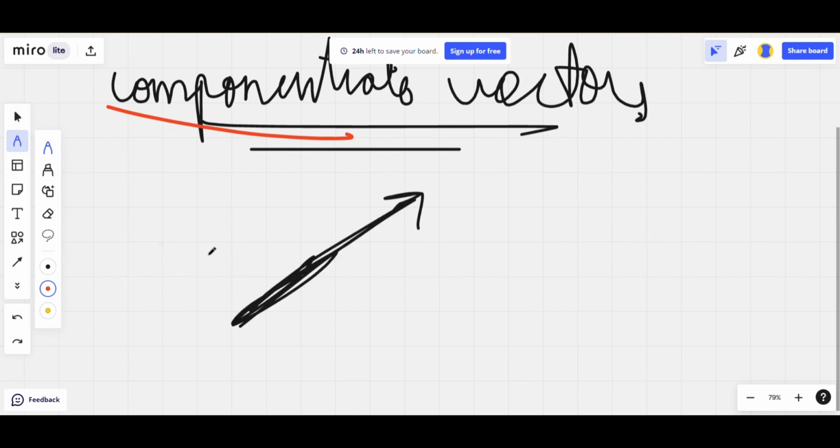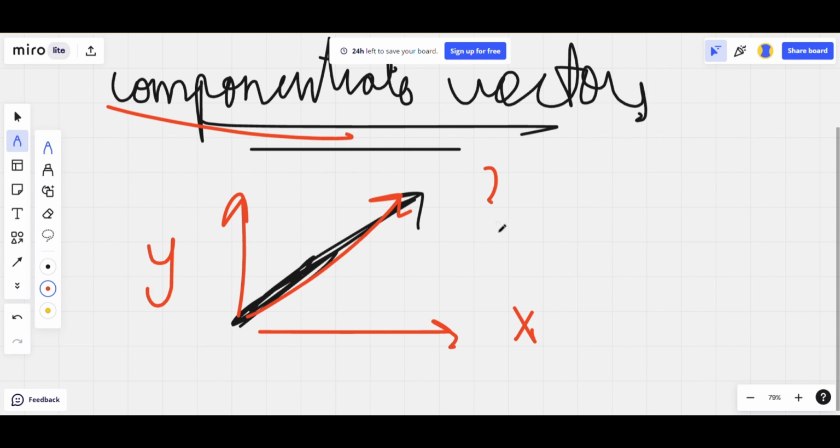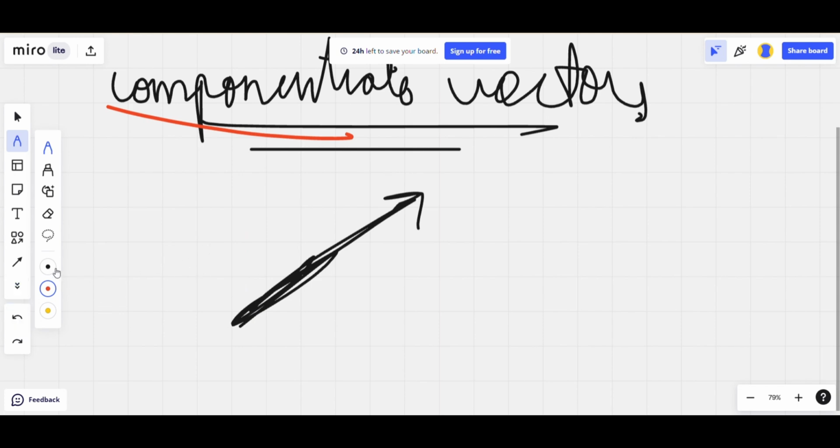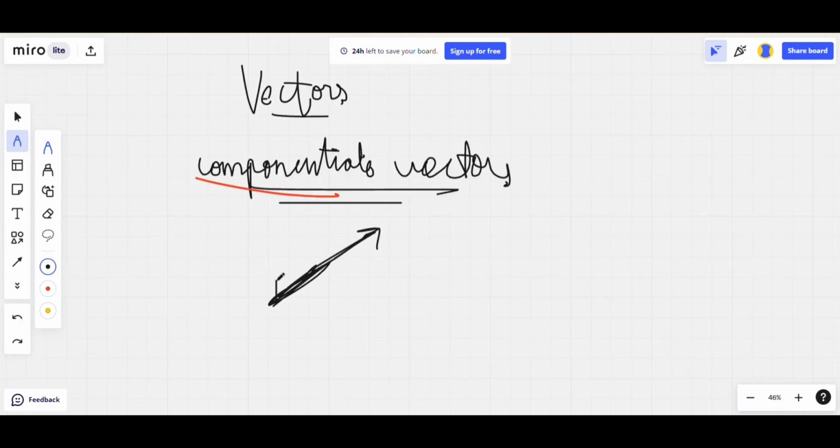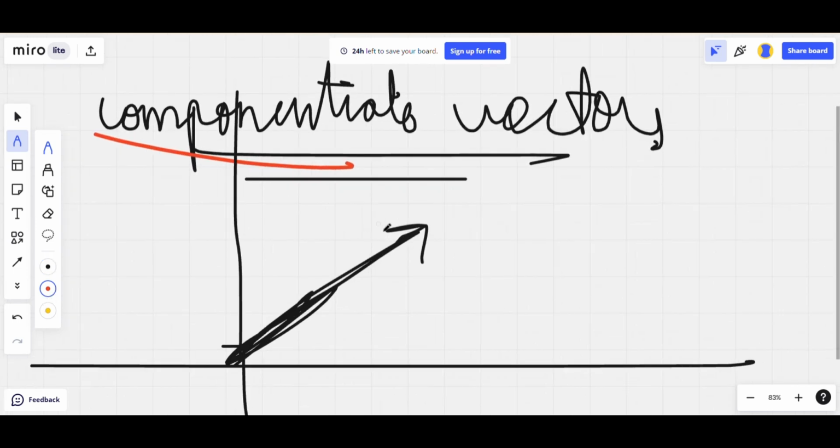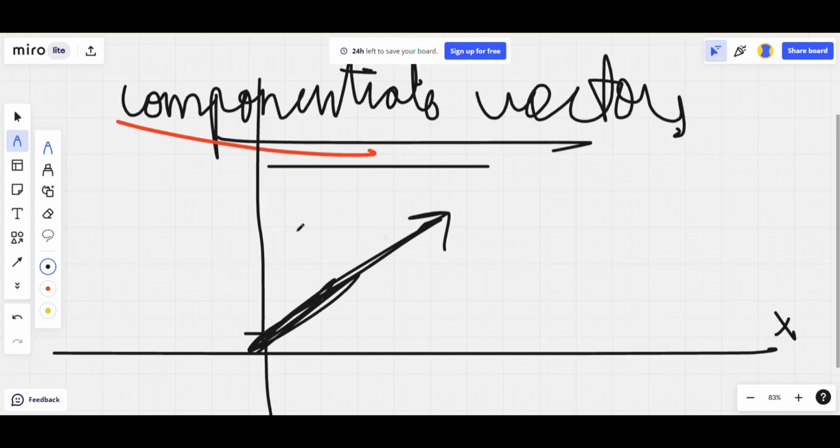We need to describe the vector as it is. We know that this is the x-axis, this is the y-axis. What is this axis then? We don't have any idea, but we can understand or study this vector by breaking it down into two components. How do we do that? Let's look at that. Let's draw a Cartesian plane first, this x-axis, this y-axis.